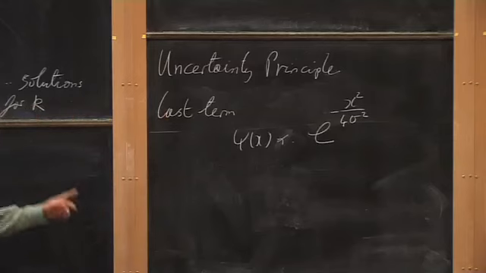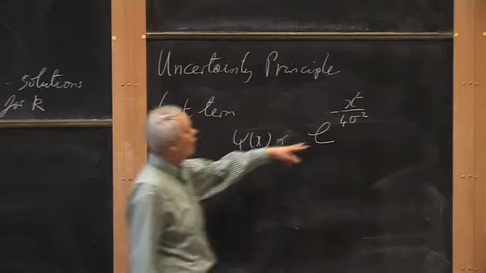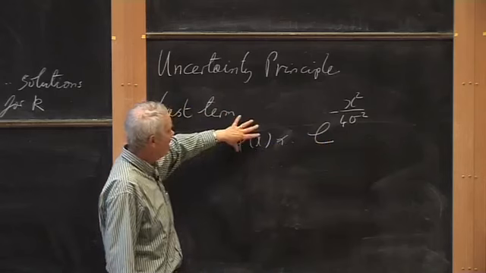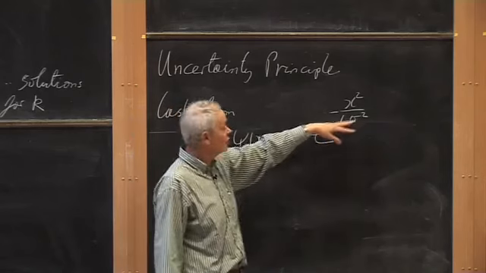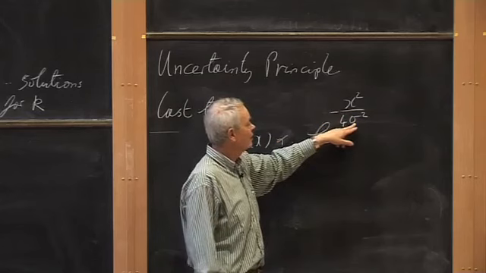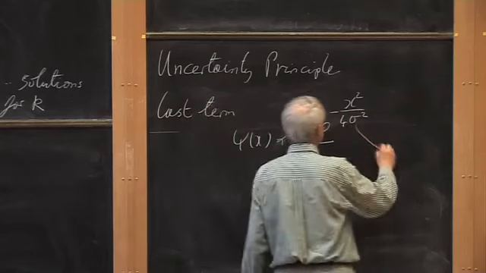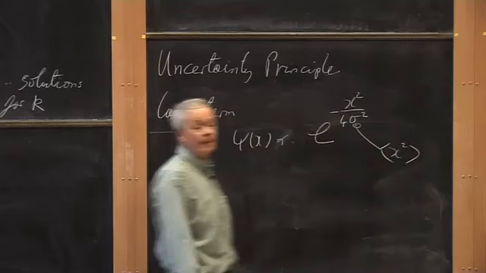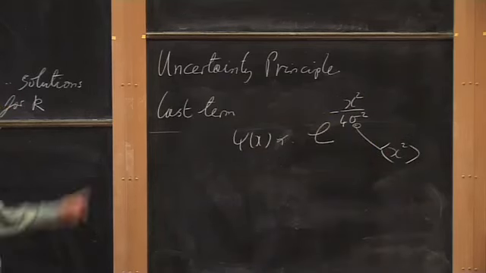So we considered a wave function whose spatial form was a Gaussian, such that when you mod square this in order to get the probability distribution, you found that it was a Gaussian with dispersion sigma. So this thing here is the expectation of x squared. That's what sigma squared is from that formula.